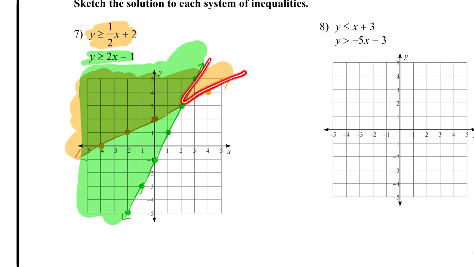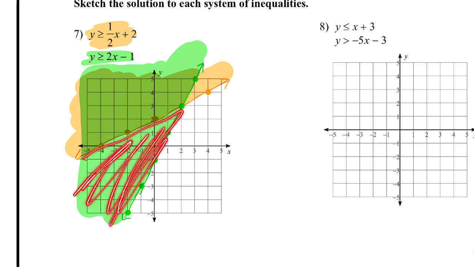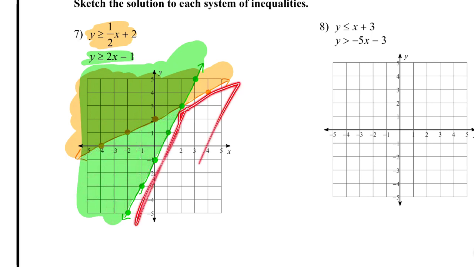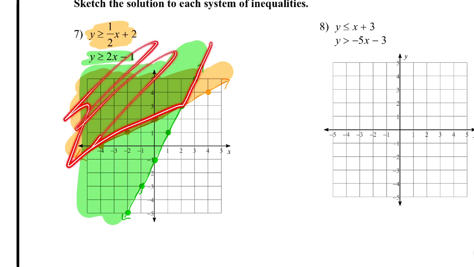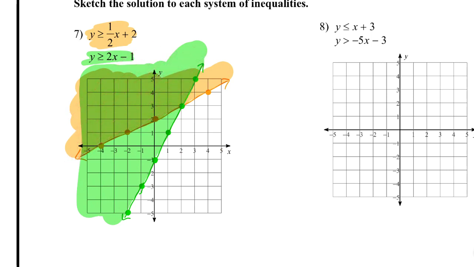This is just the orange in here. This is just the green in here. Neither of them, this isn't the solution set for either of them. So the solution set for the system is up here, and it also includes the lines because they're solid.